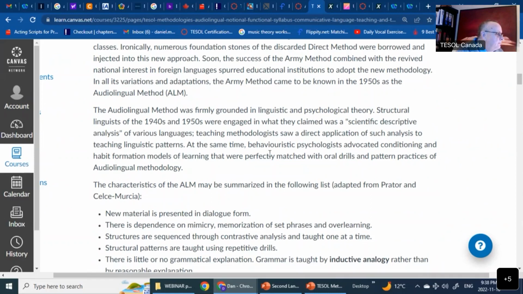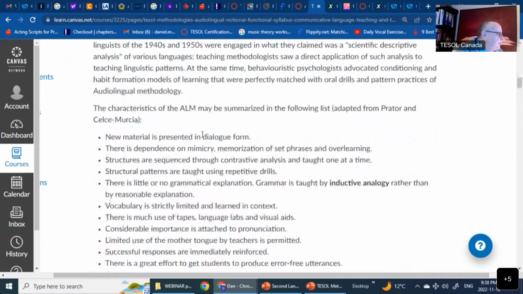At the same time, behavioristic psychologists advocated conditioning and habit formation models of learning that were perfectly matched with oral drills and pattern practices of audiolingual methodology. The characteristics of the ALM, which is just the short form of audiolingual methodology, may be summarized in the following list, which is adapted from Prator and Celce-Murcia.